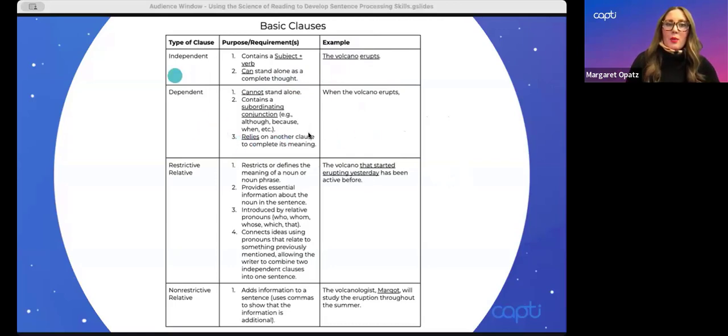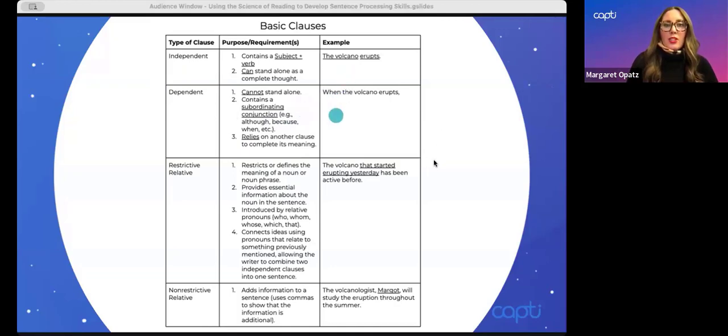And then next we would teach them dependent clauses, and we would tell them that this one cannot stand alone. It has to have an independent clause that comes with it. And then something that I think is really powerful in terms of teaching writing specifically is that we can teach them how to use those subordinating conjunctions to really connect these two ideas together.